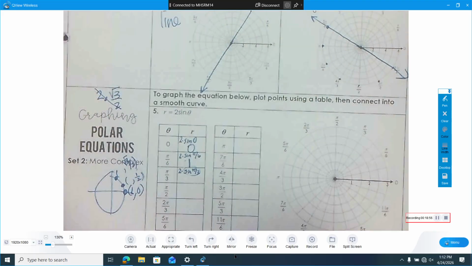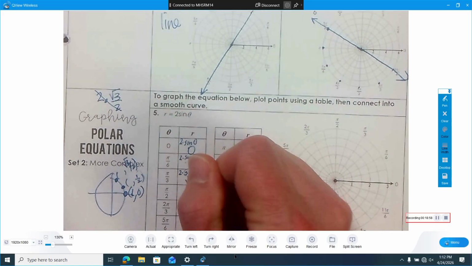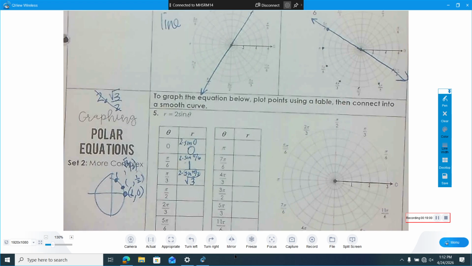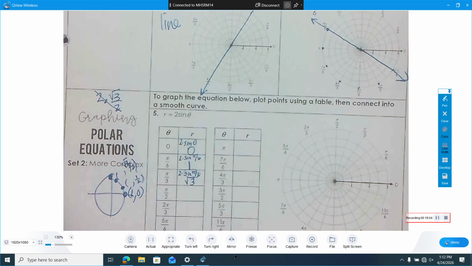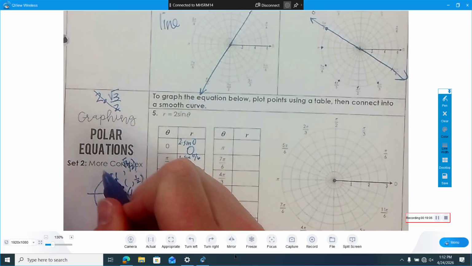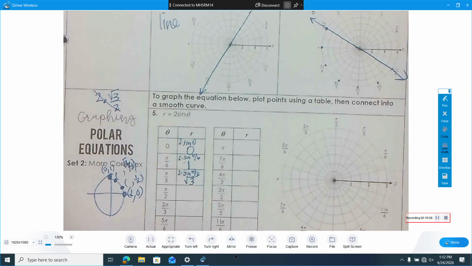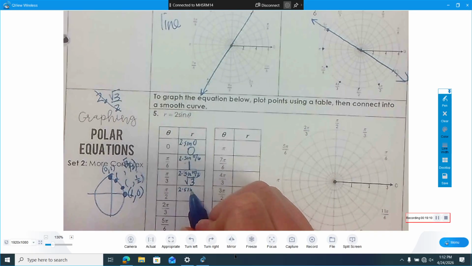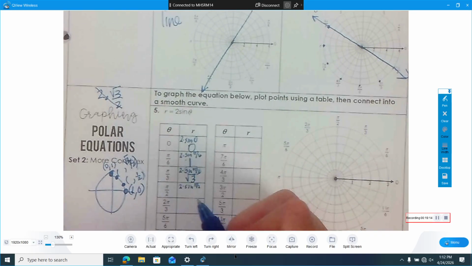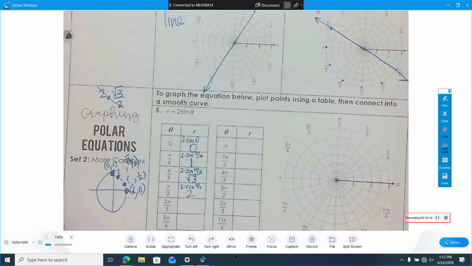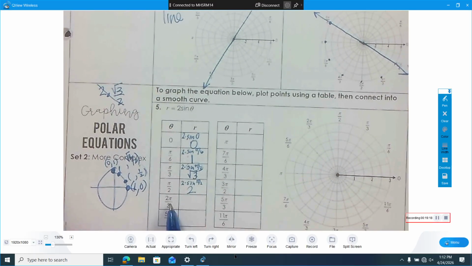Yeah, the 2's cross out, and we just get radical 3. At pi over 2, I'm straight up. What's the ordered pair? 0, 1. So 2 times the sine of pi over 2 would be 2 times 1 is 2. Very good. What do you get at 2 pi over 3?